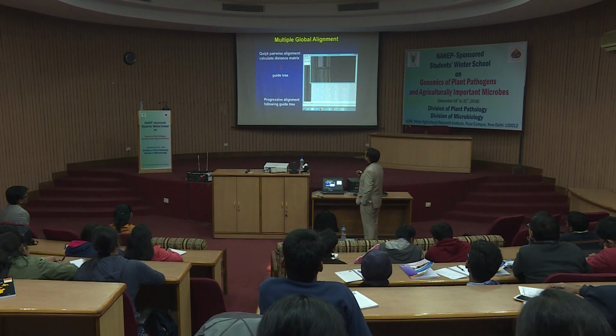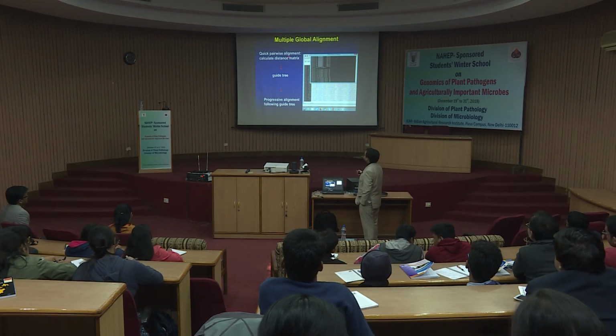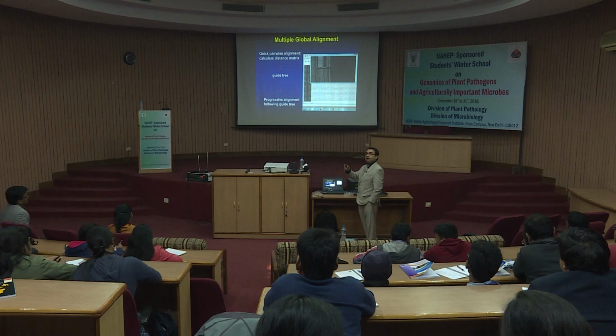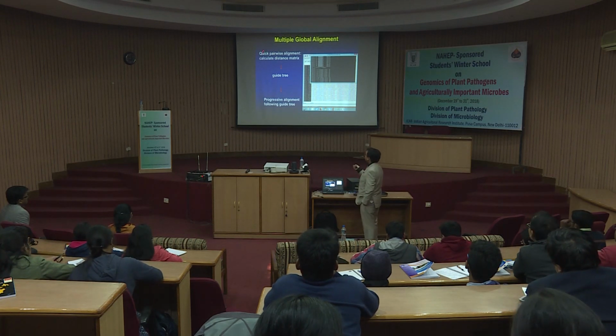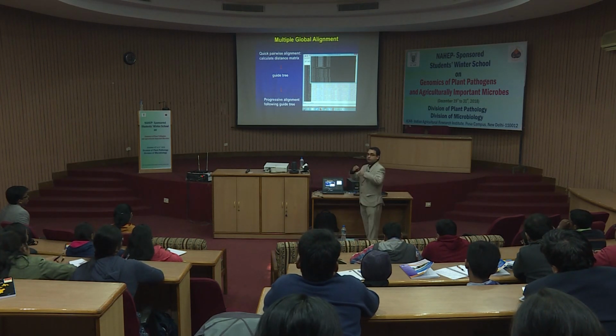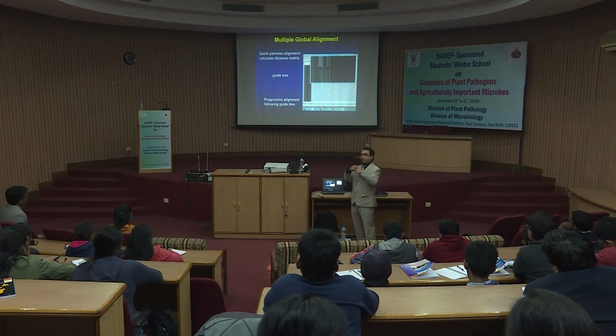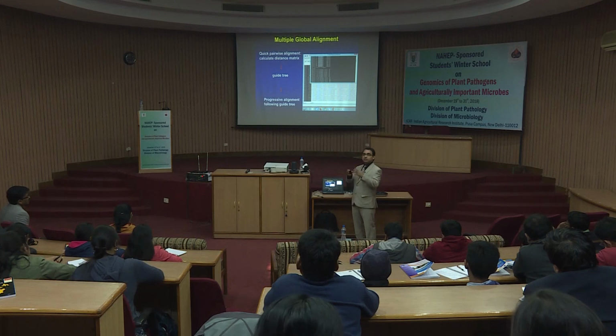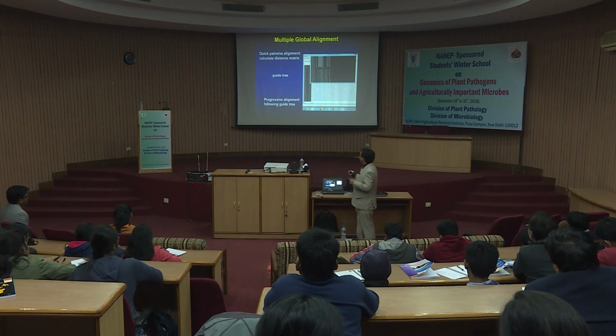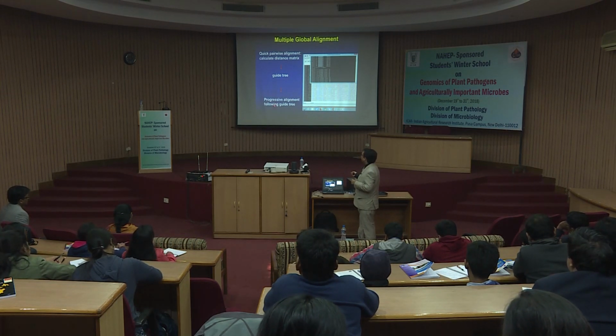The first step is a quick pairwise alignment. What BLAST has done is local alignment, but this will do a global pairwise alignment, 2 sequences at a time. Then they form a guide tree, a relationship tree, and then they do a progressive alignment following this guide tree.